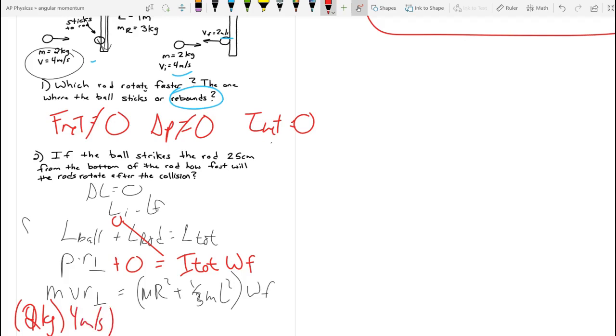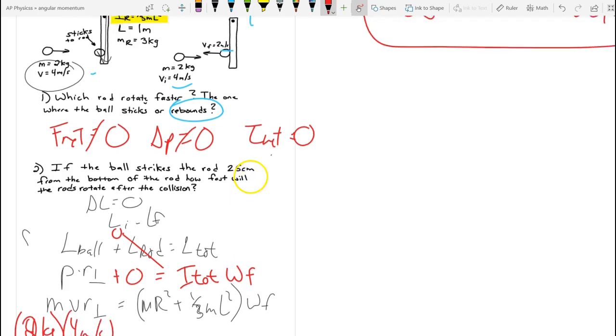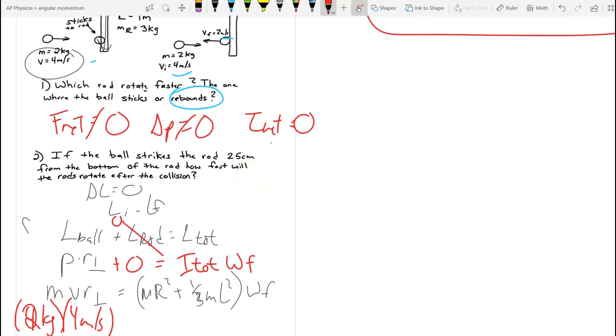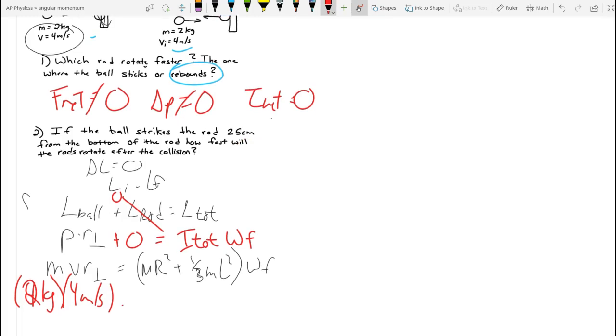Always double check that. The R, where is it acting? 25 centimeters from the bottom, so that's up, so it's 0.75 meters.